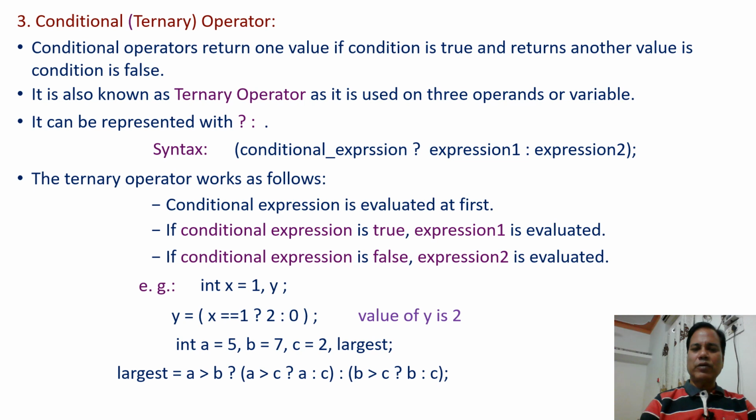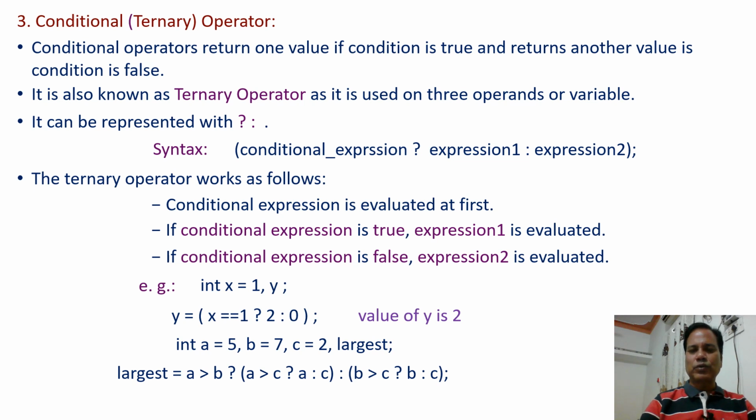Now here a equal to 5, b equal to 7. Naturally this is false. So when false, the second part after the colon is executed. And in this one, b greater than c. So again the condition is checked: b equal to 7, c is 2. So 7 is greater than 2, that is true.